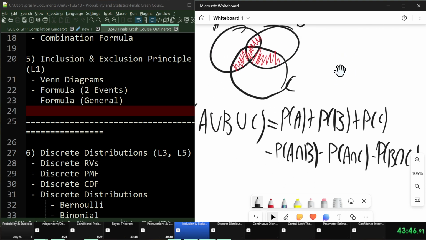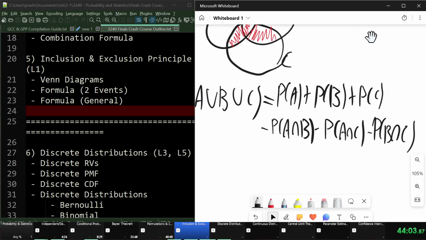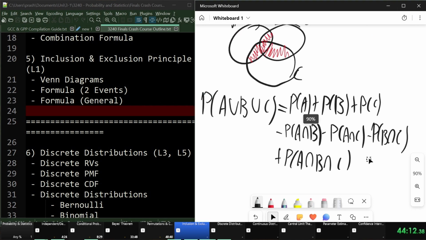Now this, I'm not really sure how to show it, but now that we subtracted away the red stuff, we've taken away 1 time more of this special internal core than we should have. So we'll add it back in. So it is plus A intersect B intersect C. This is the inclusion-exclusion formula for 3 events.